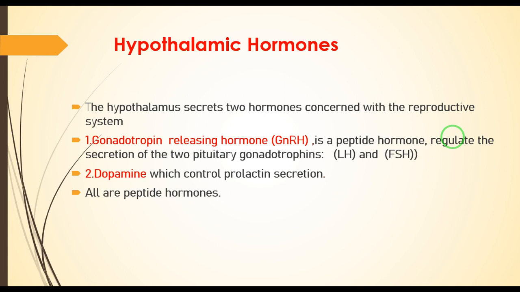Dopamine mainly controls the prolactin secretion from the pituitary gland, and the effect of dopamine is inhibitory, while the gonadotropin releasing hormone is stimulatory. It stimulates the production of the gonadotropins from the pituitary gland, which are the follicle stimulating hormone and the luteinizing hormone.